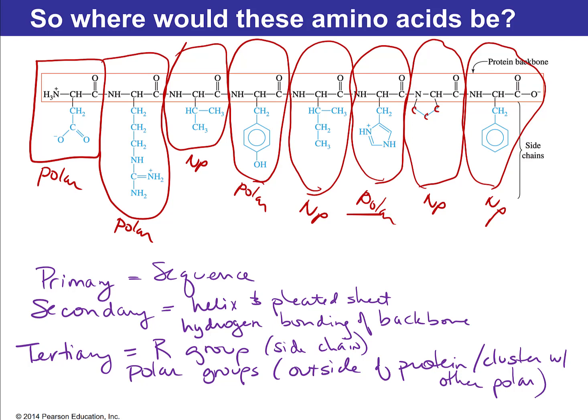Non-polar is like oil, so the non-polar groups are going to go towards the interior. And so this is going to change from a helix or that beta-pleated sheet, and it's going to create extra folds, extra bends in the protein chain.